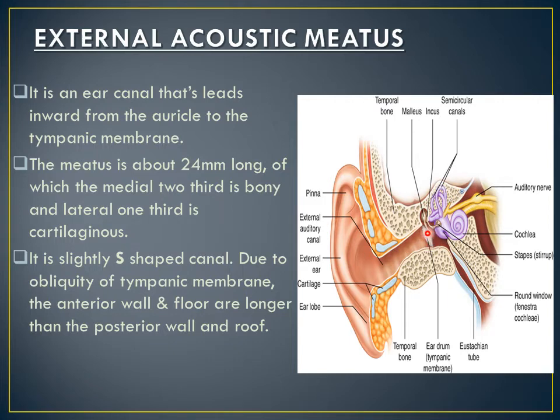The tympanic membrane is placed obliquely at the medial end of the external acoustic meatus, and it makes an angle with the floor of the meatus, and due to its obliquity the anterior wall and floor are longer than the posterior wall and roof.